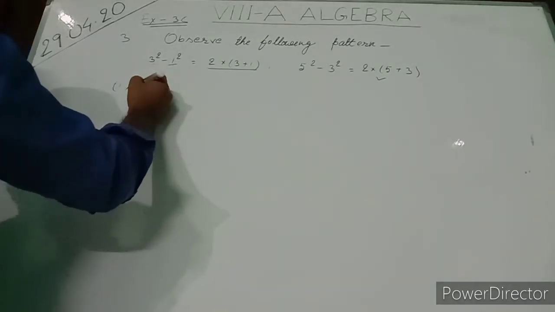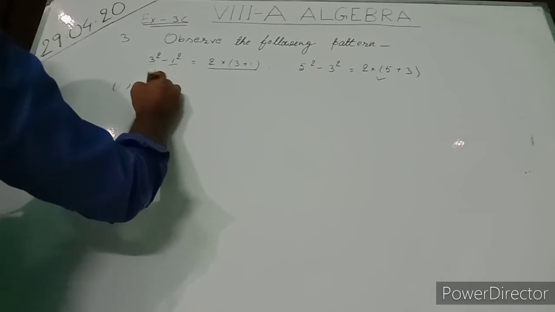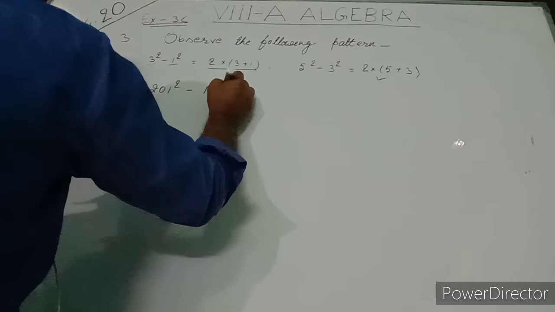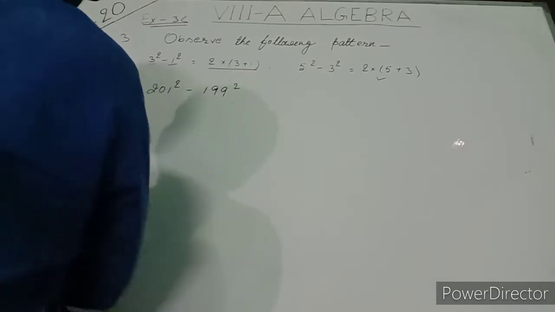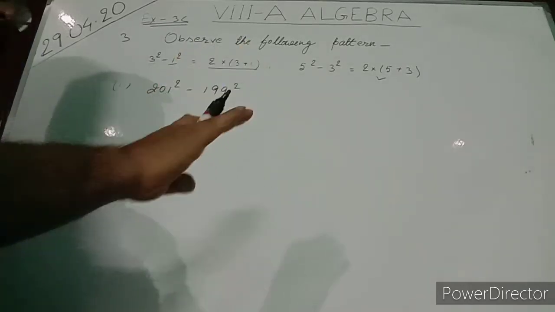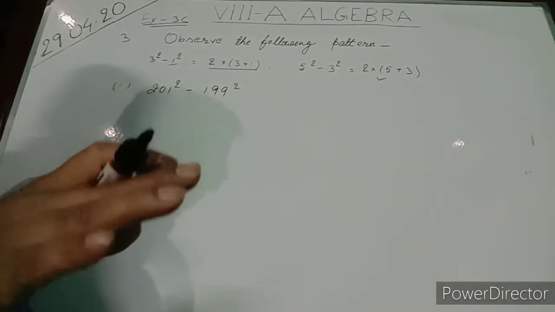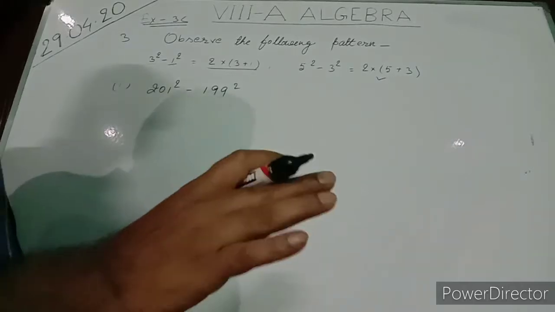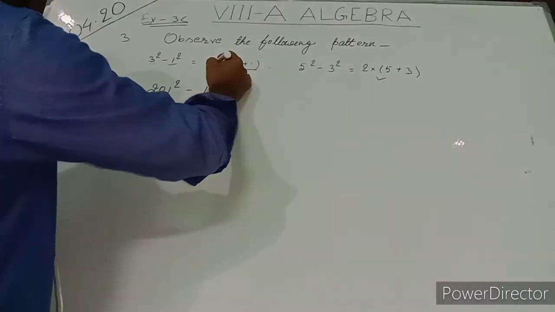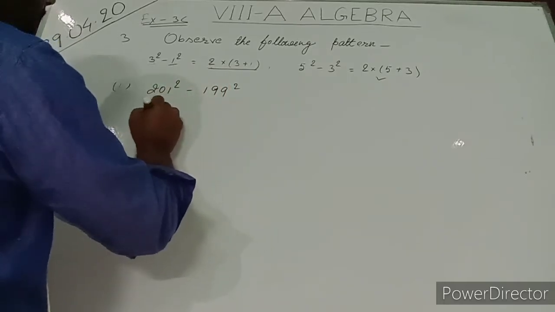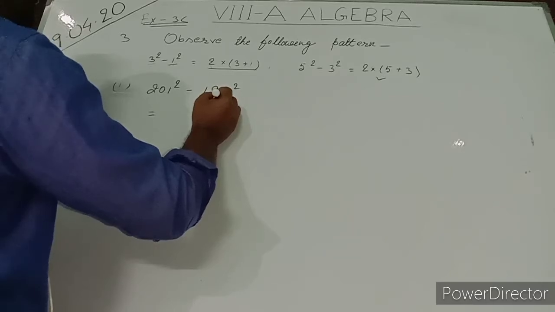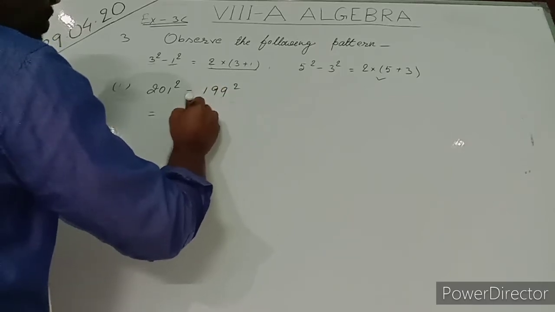Now, evaluate the following. 201 square minus 199 square. We will solve on the basis of this process. That process is based on a square minus b square equal to a plus b into a minus b. But we will follow this pattern. This is the subtraction of these two numbers, that became 201 minus 199, which is 2.